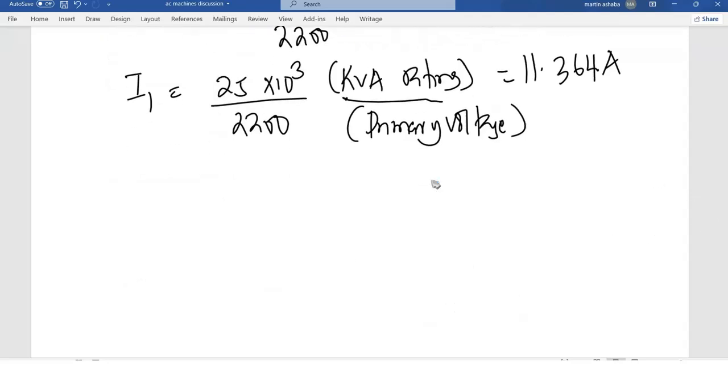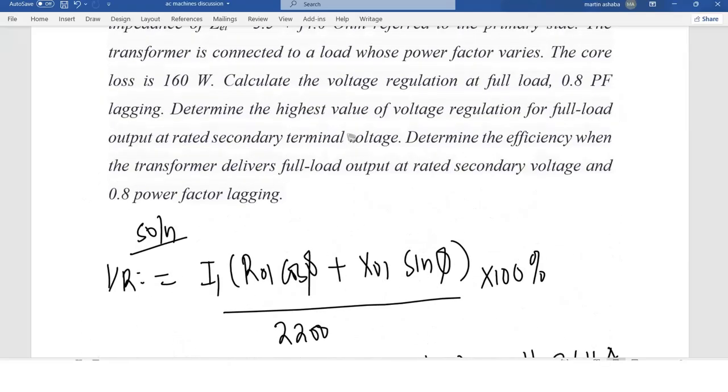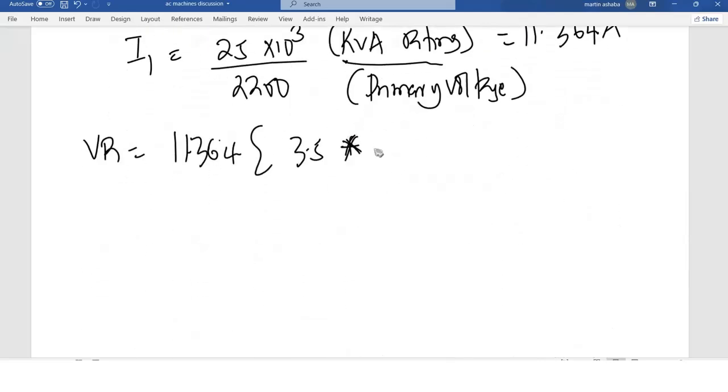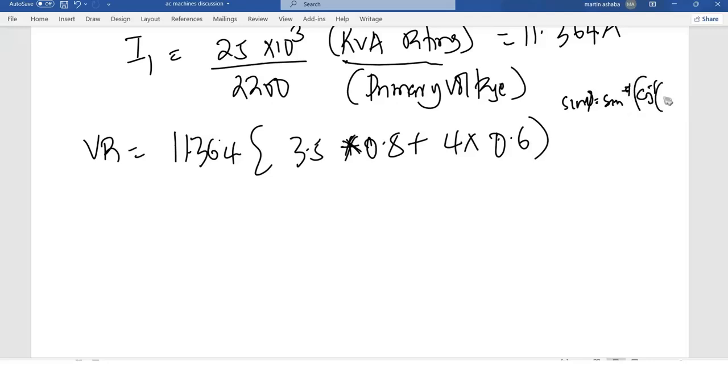amps. So what is our voltage regulation? This is going to be 11.364 times the resistance 3.5 times the power factor 0.8, which is cos phi, plus 4, the inductive reactance, times sin phi. Sin phi of this angle is going to be 0.6, because it is sin of arccos of 0.8, which is 0.6.